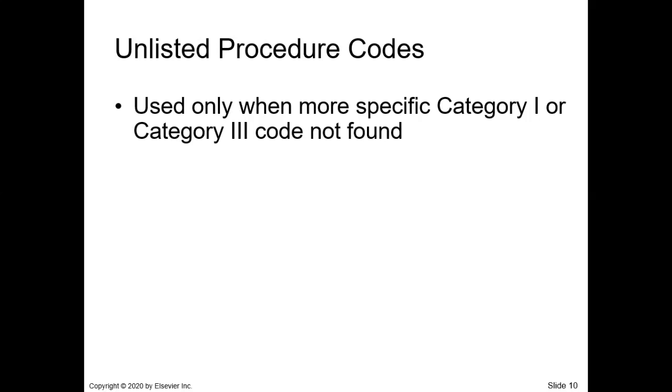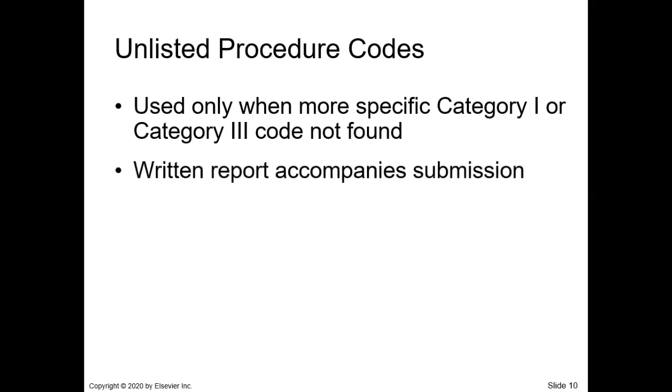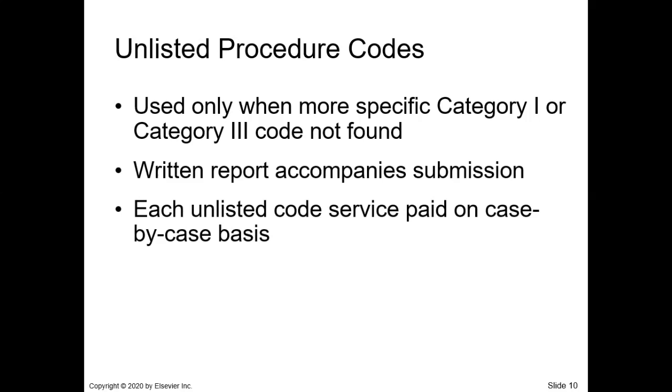Find your category 3 codes, make sure you have the category 3 tab on it. Just look and see what's there. You must attach a written report to accompany the submission of an unlisted procedure. Each unlisted code service is paid on a case-by-case basis.